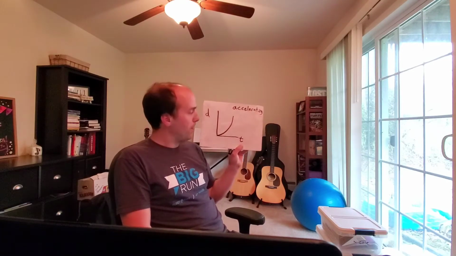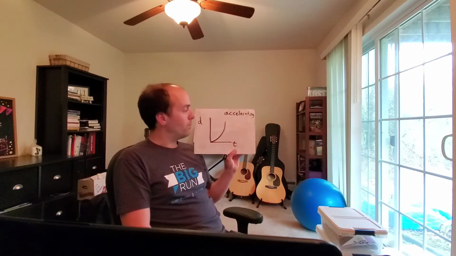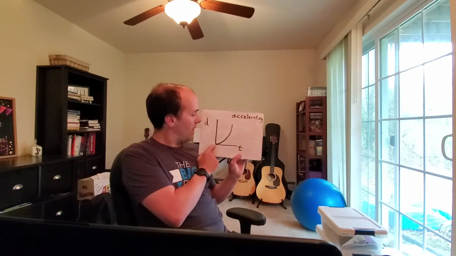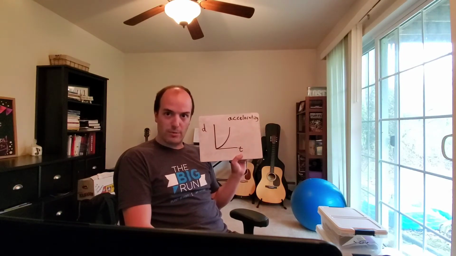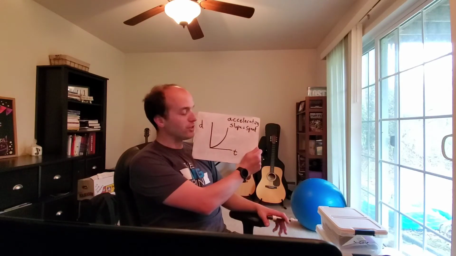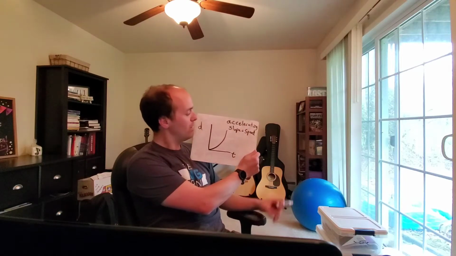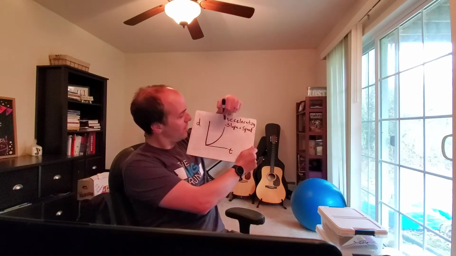Okay, now, how do we know it's accelerating? Well, the slope is getting steeper and steeper and steeper, which tells you that the slope tells you the speed. Okay, the slope tells you how fast that object is moving. So if your slope is increasing, that means your speed is increasing.